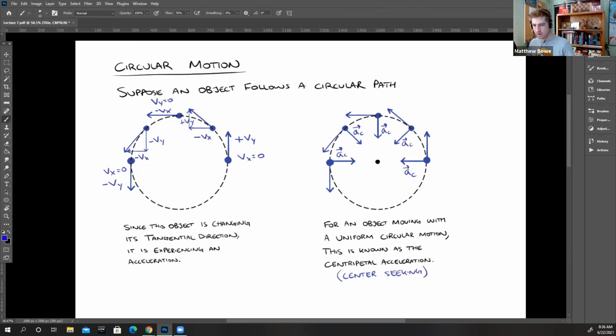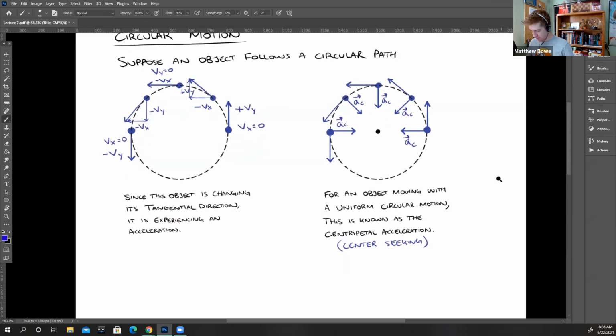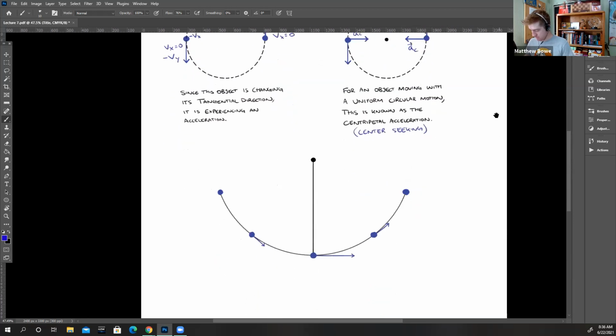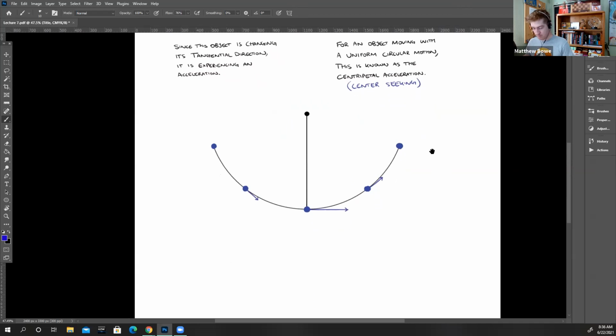Okay, let's do another diagram, like a pendulum on a string, some mass on a string. Think of like you're swinging a yo-yo back and forth, or whatever you have.